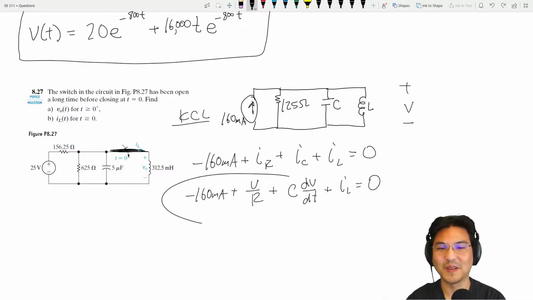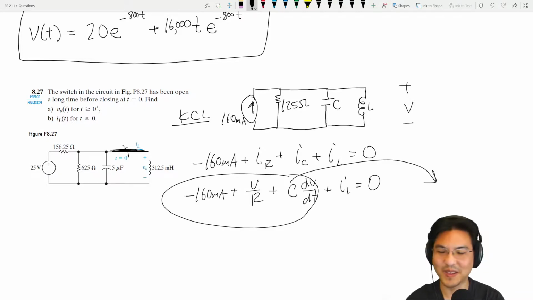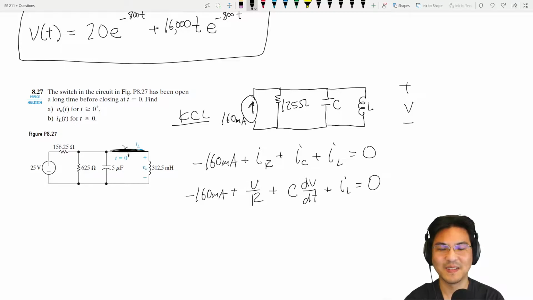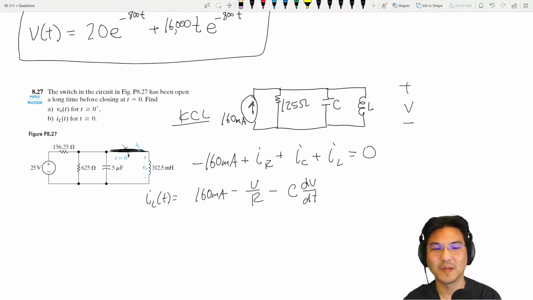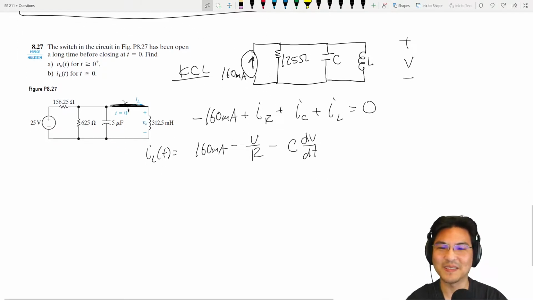So just take all of this, move it to the other side of the equation, and flip these signs over. And there we go. So this is it. Well, we got some arithmetic to do, but that's basically how you would do it.